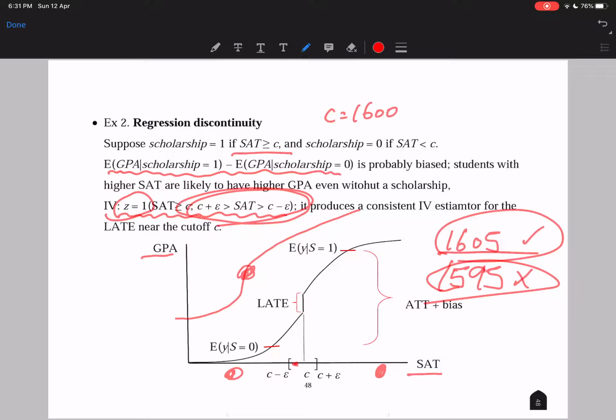Otherwise, if there's also a discontinuity in student characteristics, maybe the discontinuity here is driven by the discontinuity in student characteristics, and likely driven by unobservable heterogeneity, or unobserved individual heterogeneity. So we want to see that in terms of student characteristics, there's no discontinuity. We only see discontinuity in the outcome variable.